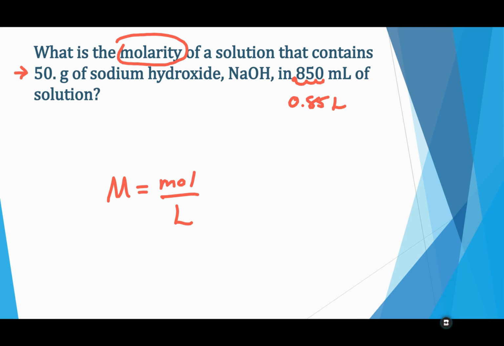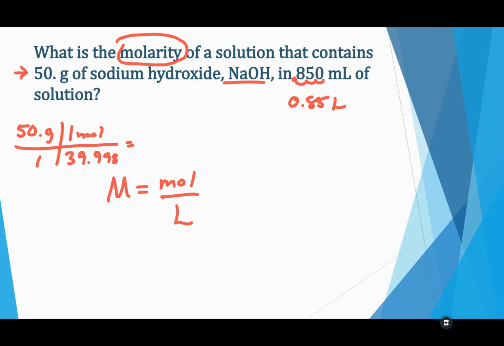We're also going to convert sodium hydroxide grams to moles. So 50 grams. In 1 mole of sodium hydroxide, 22.99 plus 16 plus 1.008 equals 39.998.